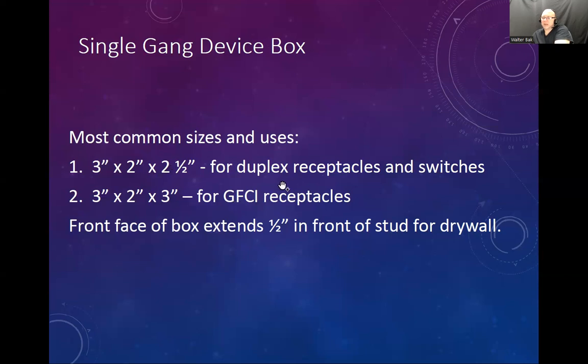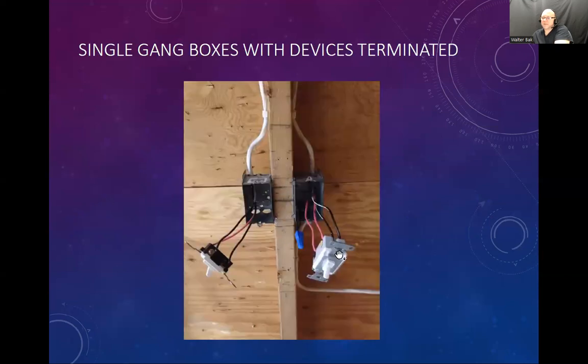Now GFCI, do we have that here? See here? Here's a regular switch, and it occupies certain volume once you insert that in the box. Now look at this, well, this is not a GFCI, but this is a 4-way switch. It has a little bit more volume. Now GFCI would be even bigger inside.